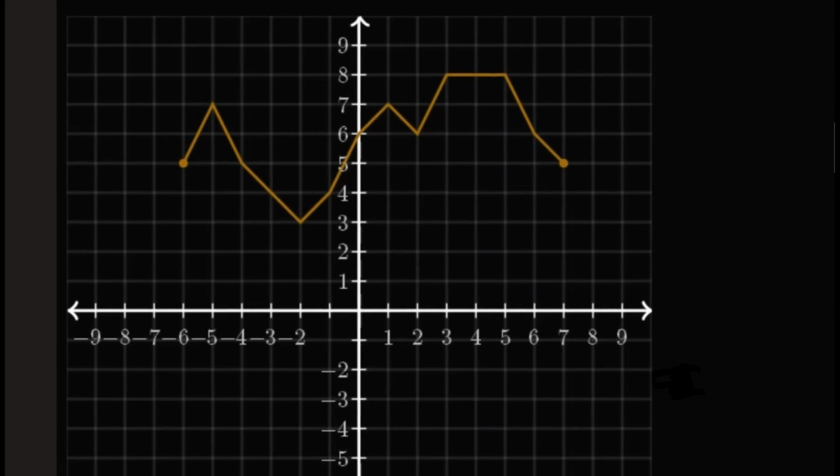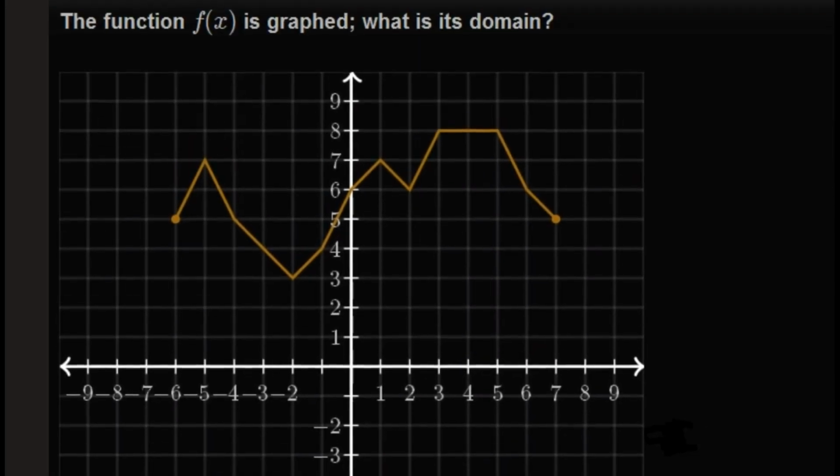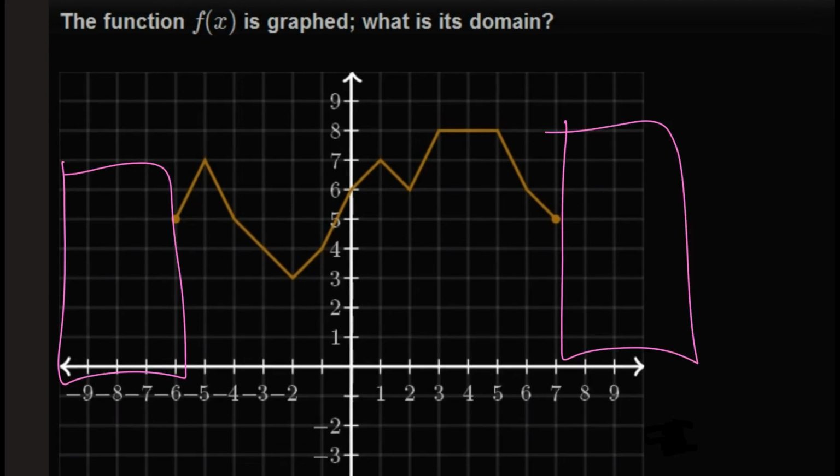Now, as you can see on this graph, f of x is what is called undefined for anything lower than -6 and anything greater than 7. You see, there are no more points over here. That means that -7 is undefined for y. -8 is undefined for x.